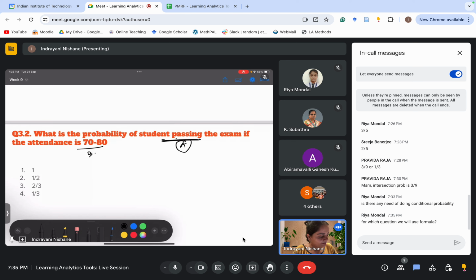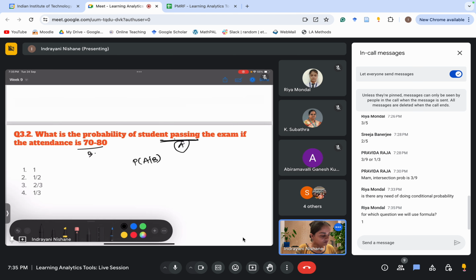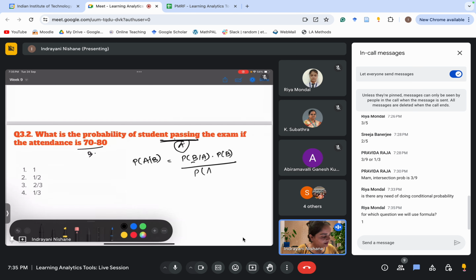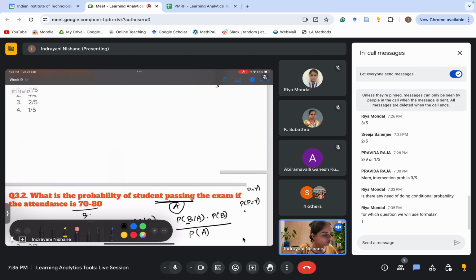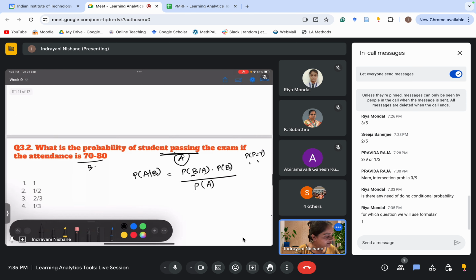This is the condition B. So probability of A given B has occurred, that attendance is between 70 to 80, is given by this formula: probability of event B when A has occurred multiplied by probability of event A divided by probability of event B. Now event A is passing. How many students have passed? 5 out of 9.